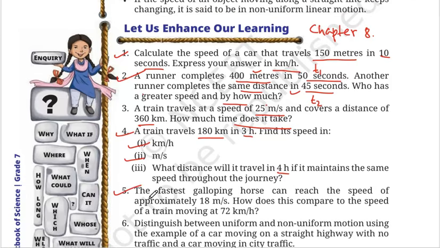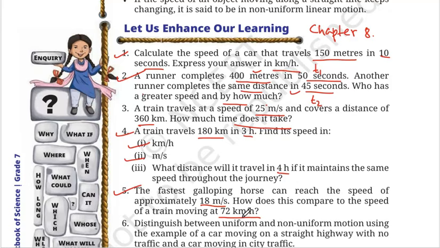Question number 5 says, the fastest galloping horse can reach the speed of approximately 18 meter per second. How does this compare to the speed of a train moving at 72 kilometer per hour? So now we have two speeds. One is 18 meter per second and the other one is 72 kilometer per hour, and you have to compare them.